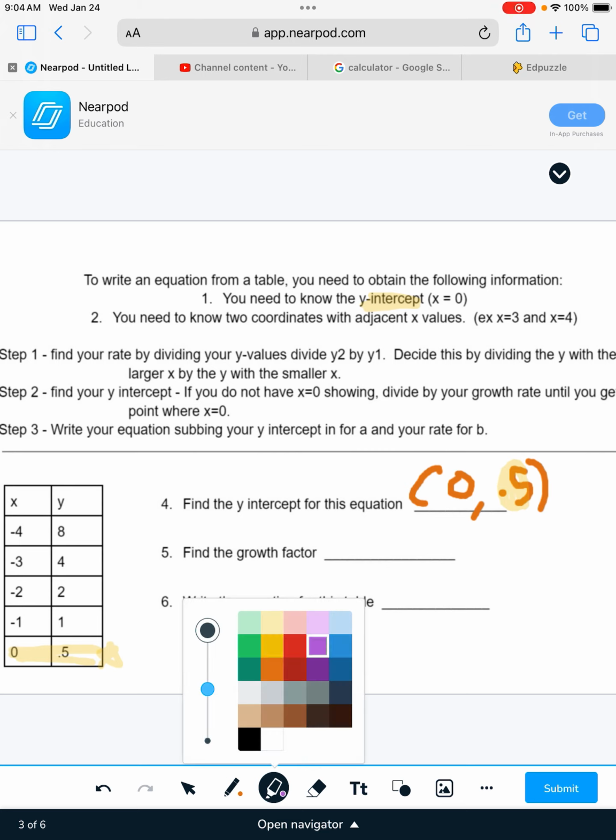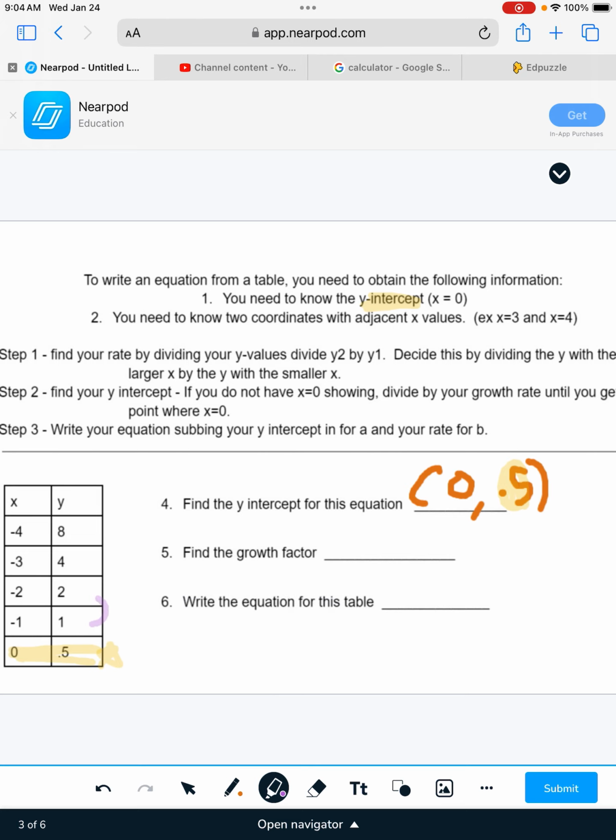Once again, I need to get that growth factor. I need to find that rate of change, okay? It is something that we still want to divide our y2 by our y1. That means I'm going to take my 1 and I'm going to divide it by 2. 1 divided by 2, all right? 1 divided by 2 happens to be 1/2 or 0.5.